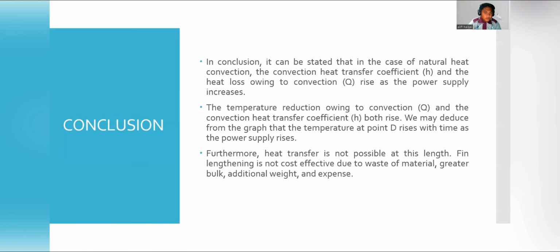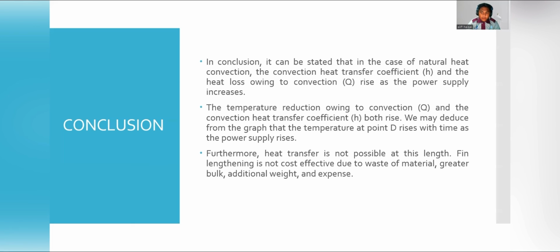In conclusion, it can be stated that in the case of natural convection, the convection heat transfer coefficient and the heat loss owing to convection rise as the power supply increases. The temperature reduction owing to conduction and the convection heat transfer coefficient both rise.